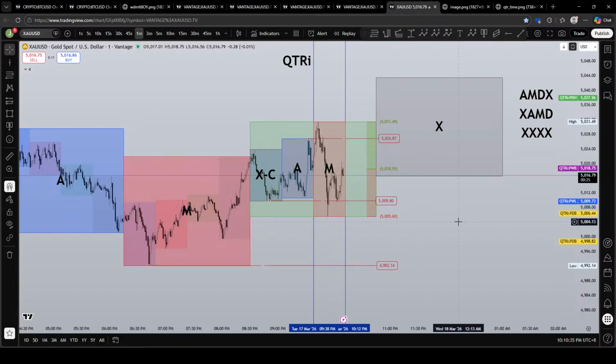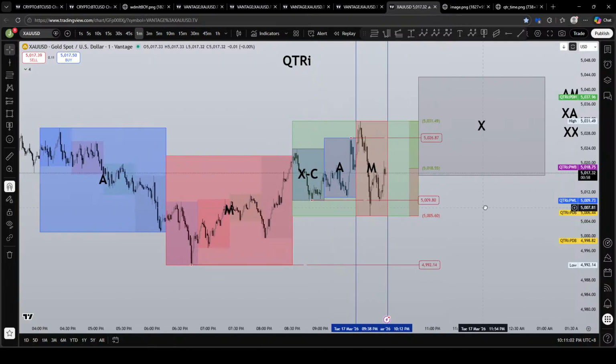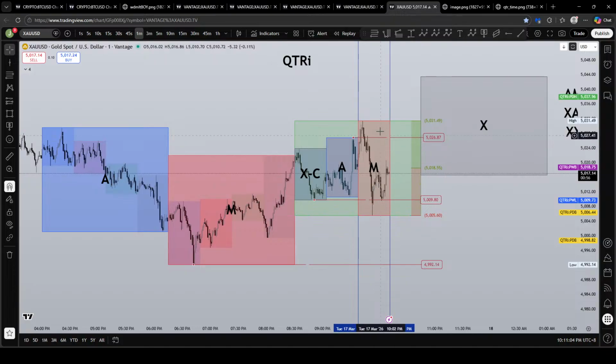So therefore, if the market goes up or goes down, that will still be acceptable, since both the highs and the low of that current quarter, the subquarters of that current quarter, were taken. So that will be a confirmation that third quarter is really a manipulation.